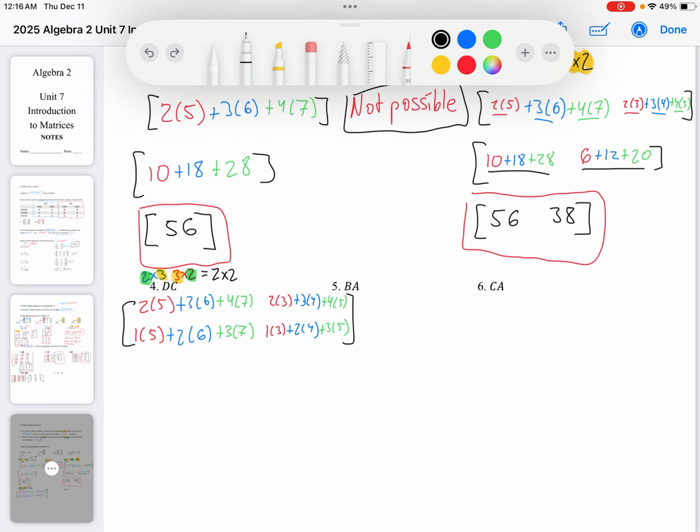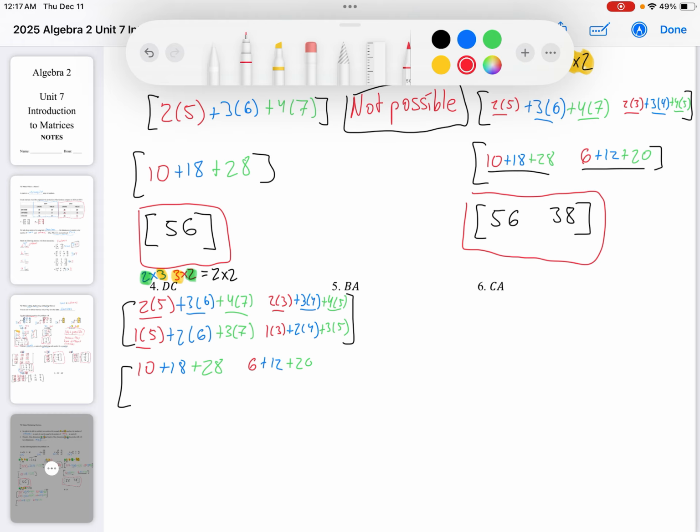Okay, so now let's go through and do this multiplication. We've got 2 times 5 is 10, 3 times 6 is 18, 4 times 7 is 28. And then for the next one, 2 times 3 is 6, 3 times 4 would be plus 12, 4 times 5 would be plus 20.